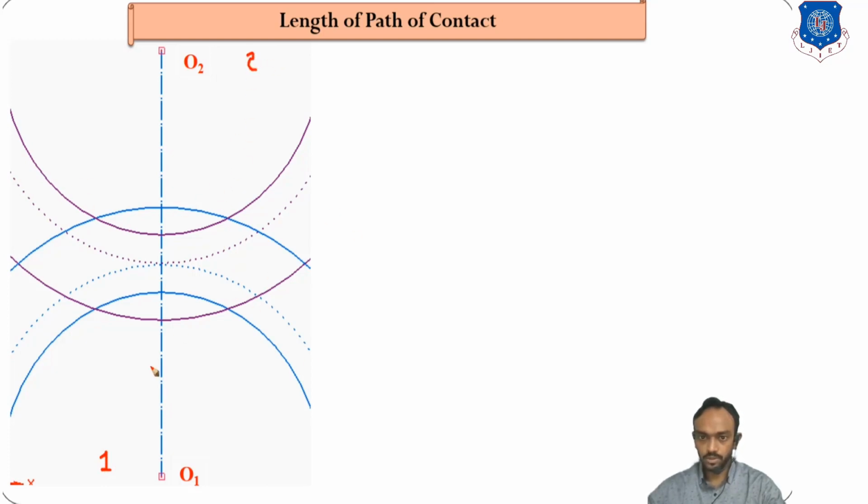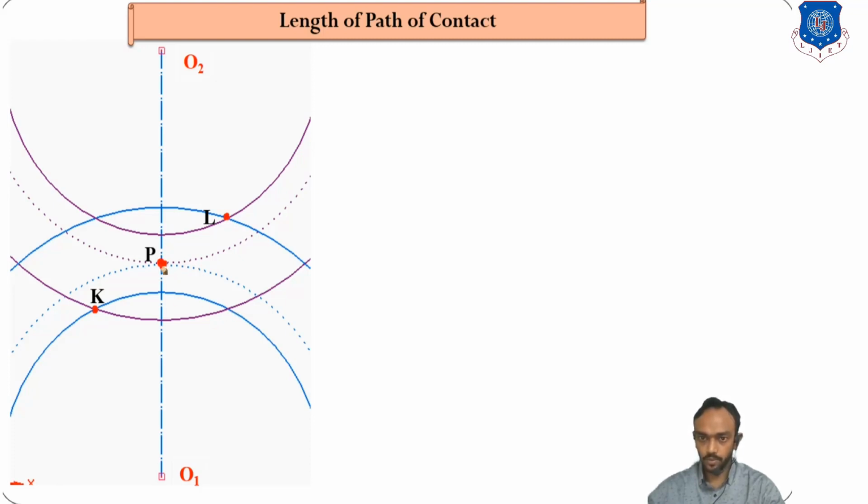You can see the three circles like this: the base circle, pitch circle, and addendum circle, and the same for the opposite gear, where the maximum diameter is the addendum circle. The points of contact you can see here: K is the point of engagement, L is the point of disengagement, and P is the pitch point, where the two pitch circles meet.